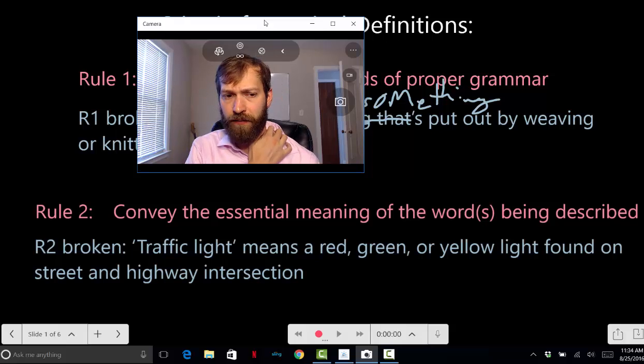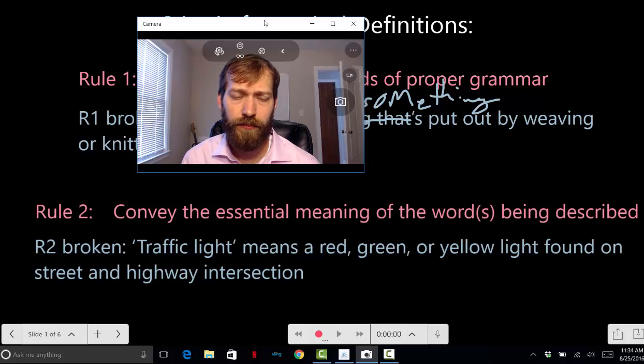So here we have rule 2 being broken. It says that the term "traffic light" means a red, green, or yellow light found on street and highway intersections.